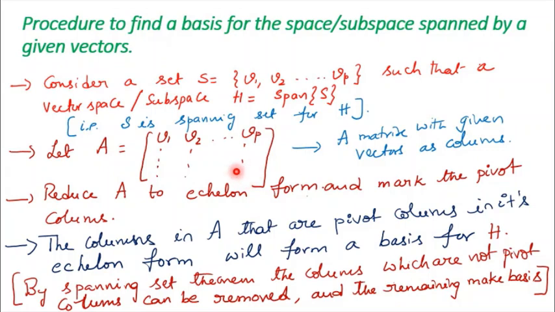So removing C2 and C4, the pivot columns C1, C3, C5 in echelon form, their corresponding vectors in the given set, V1, V3, V5, will form a basis for H. That is, by the spanning set theorem, the columns which are not pivot columns can be removed because they are linear combinations of other columns, and the remaining make a basis. This is the procedure we are going to use when we come across numerical problems of finding a basis for a spanning set.